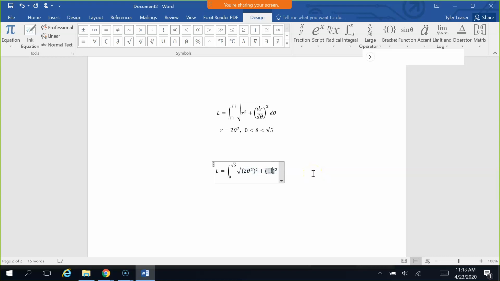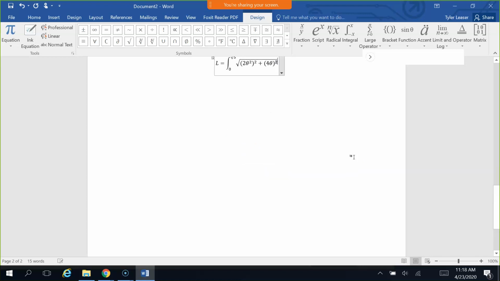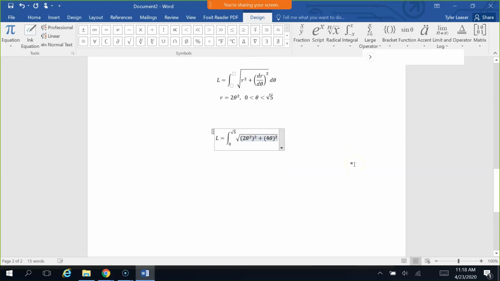So the derivative of r, this is bringing down the 2, and it's going to be a 4 theta. And then still with a d theta all the way on the outside.